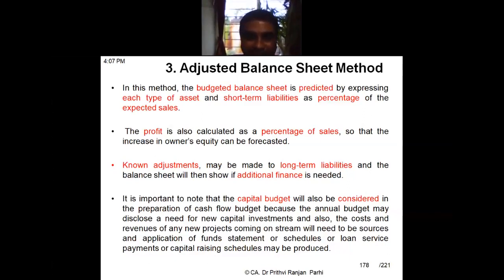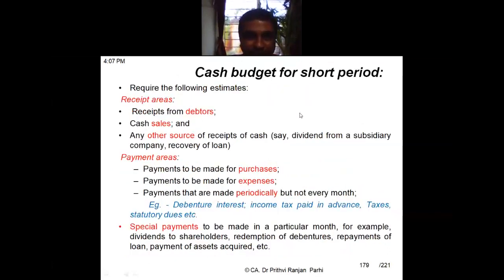So that will help me in preparing my cash budget. Similarly, let us say purchases. If I know the purchases, I can assume 15% of the purchases will be creditors. That means 85% has to be paid in cash. That will be cash outflow. So like this, with the help of the balance sheet, we try to estimate cash inflows and outflows. That is called the adjusted balance sheet method.